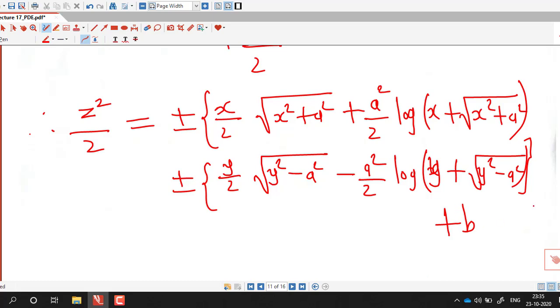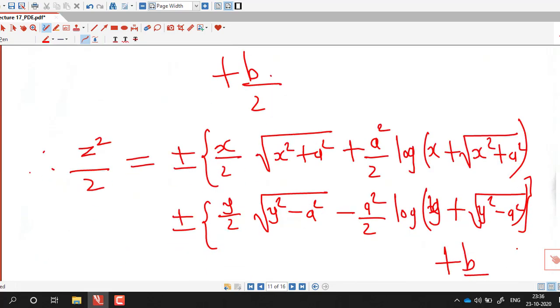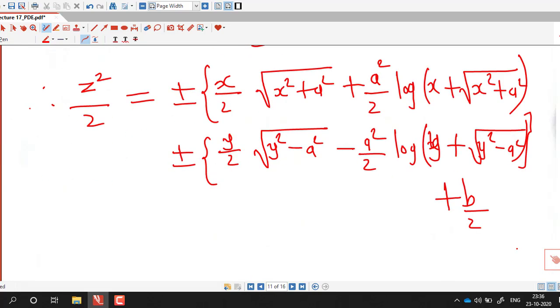And here instead of b we have written b by 2. So this is the required complete integral. In the next step you can cancel out these 2 if you wish, because we have 1 by 2 in each term. So that can be cancelled out, and we will have some simpler form.